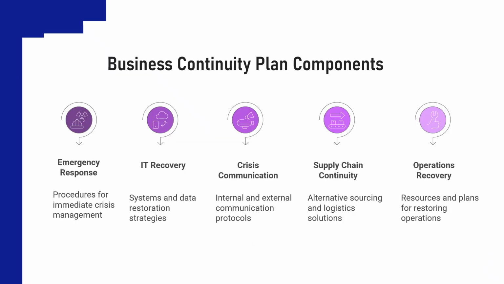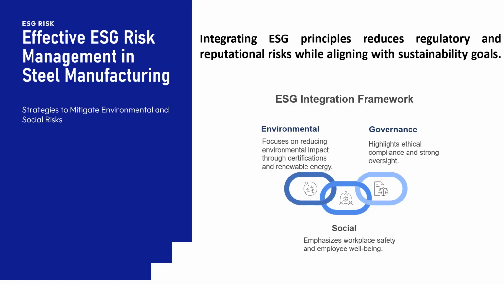Here are the main components of the BCP, such as emergency response, IT recovery, crisis communication, supply chain continuity, and operations recovery. Environmental, social, and governance risks are managed through strong ESG policies, focusing on emissions reduction, workplace safety, ethical practice, and compliance with international environmental standards.